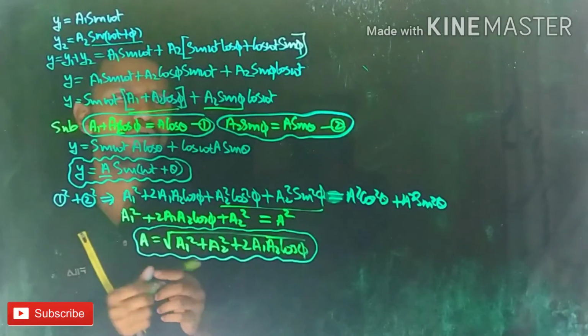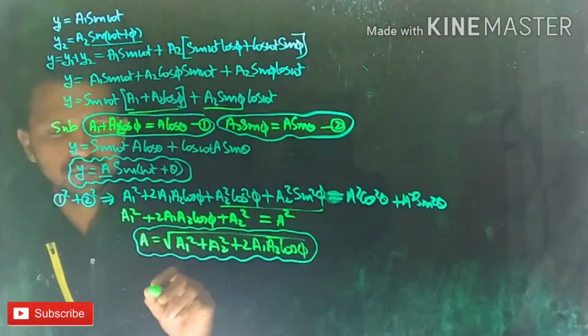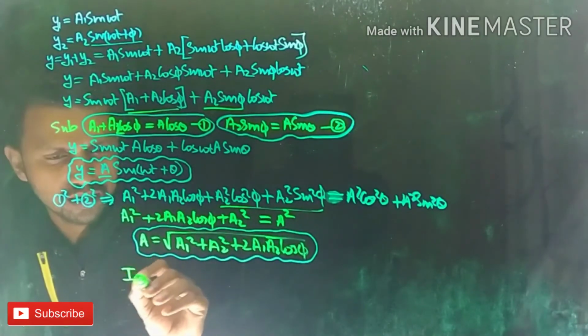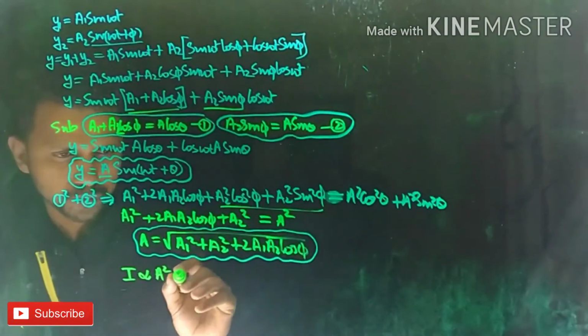Next we derive an expression for intensity. The intensity is directly proportional to the square of the amplitude.